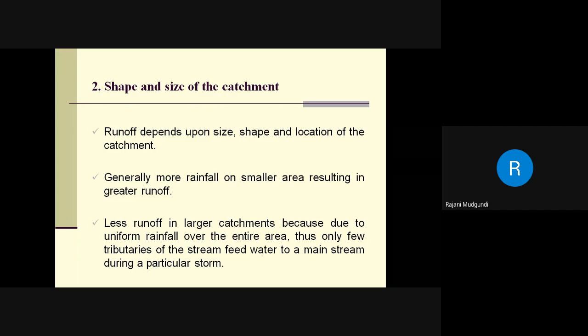So if rainfall is occurring on a larger area with uniform intensity, the tributaries will join the mainstream at intervals. Therefore, the runoff obtained in larger catchment areas will be less.